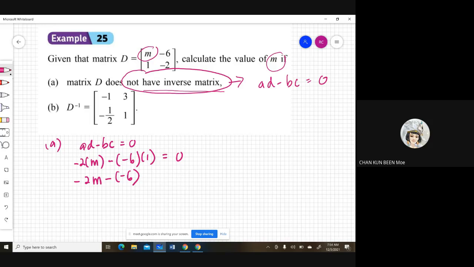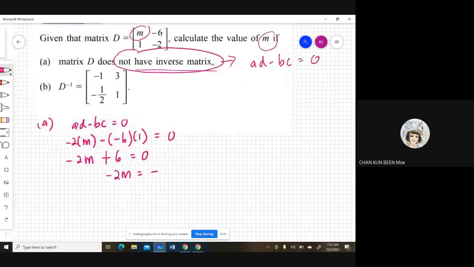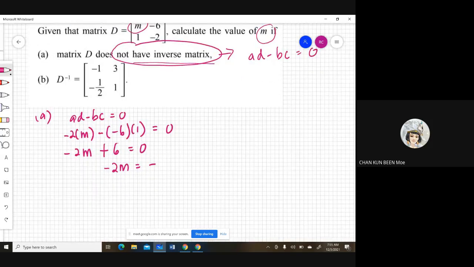If you are fast, you change it straight away, becomes +6 equal to 0. So the -2M is equal to -6, correct? So the M is equal to -6 over -2. The answer is 3. Okay, so this is the answer for the M.